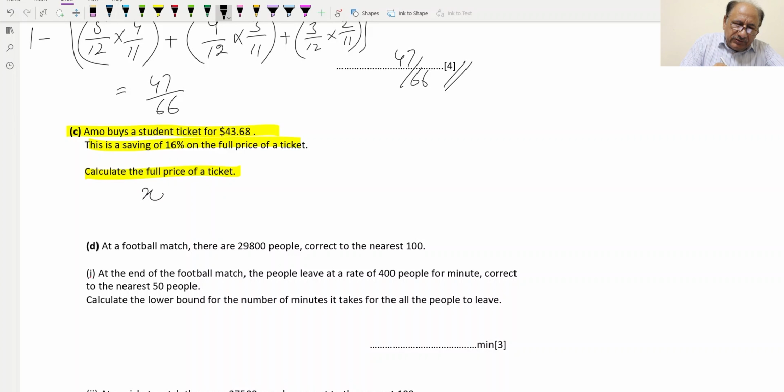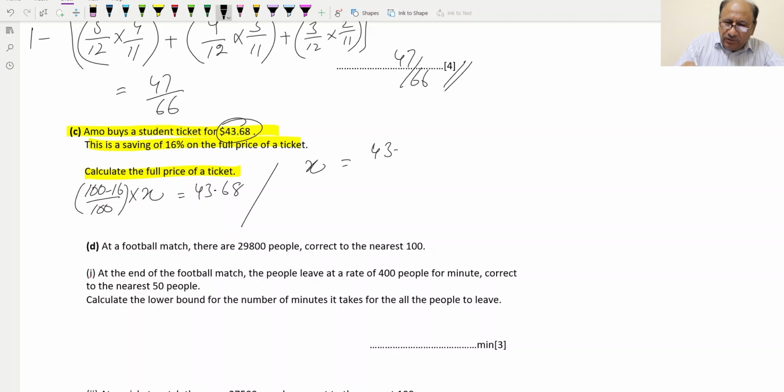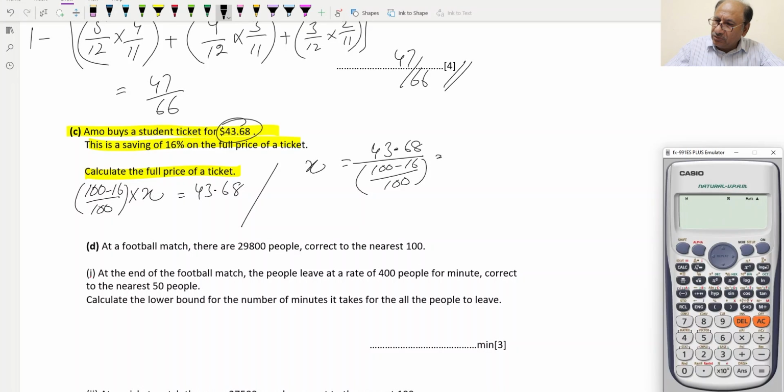Say the original price is X. So the reduction is 16%, so 100 minus 16 over 100, and this we know is equal to 43.68. This implies X will be equal to 43.68 divided by (100 minus 16 over 100), and we can use a calculator for this calculation.